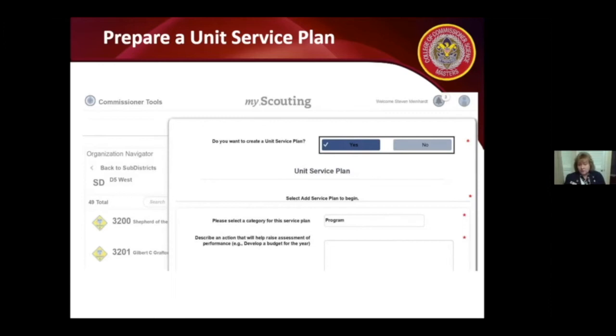Meet with your key 3 and tell them we as a committee want to do this plan A, and go through the different plans that you've set up.